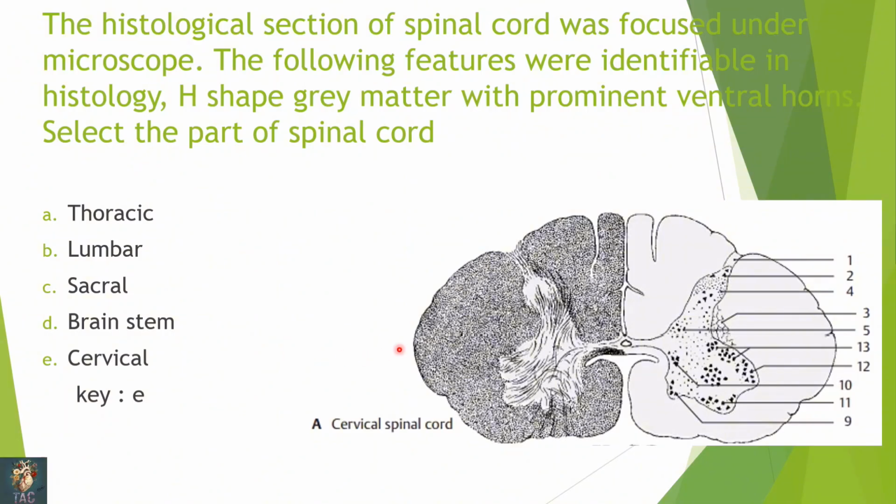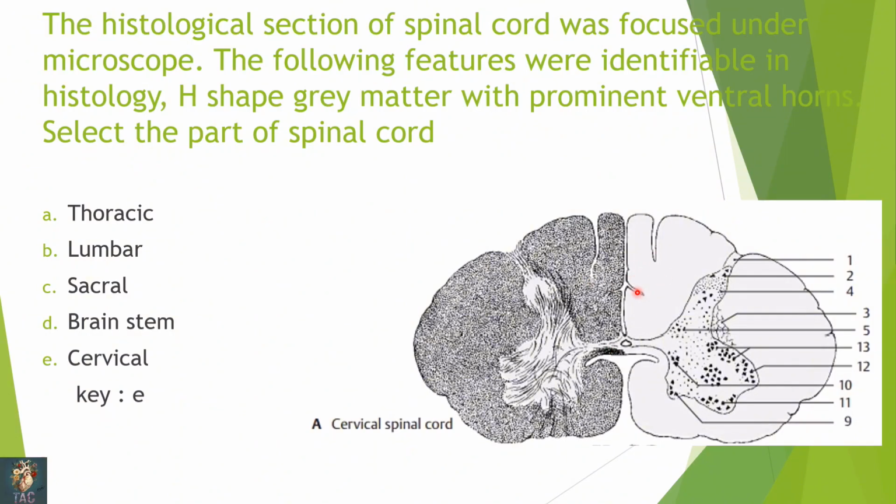There are different reasons why it is largest. First, at the level of the cervical spinal cord, there is the origin of the brachial plexus. So because of the brachial plexus, the anterior horn is enlarged. Also, at the level of the cervical spinal cord, all the descending fibers are present in white matter, and all ascending fibers are accumulated in the white matter in ascending tracts.